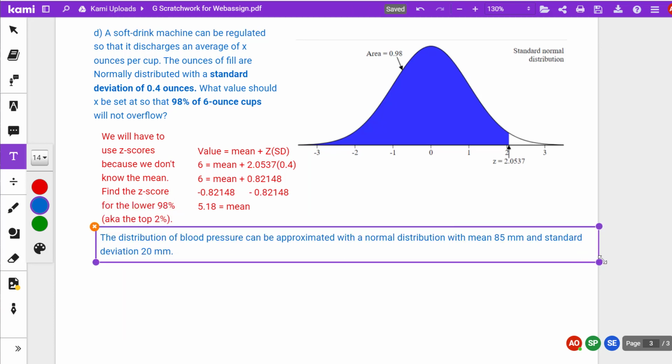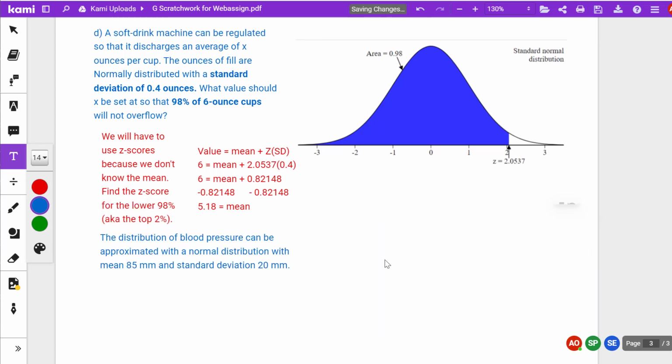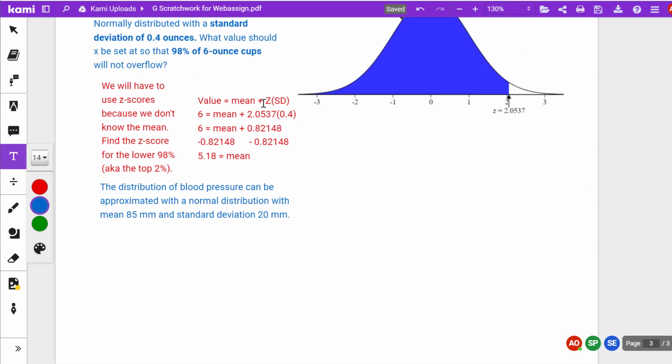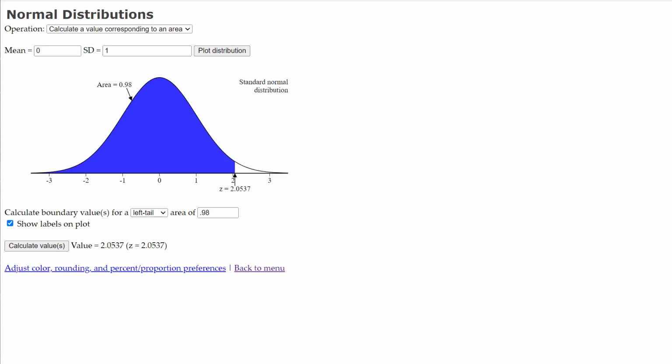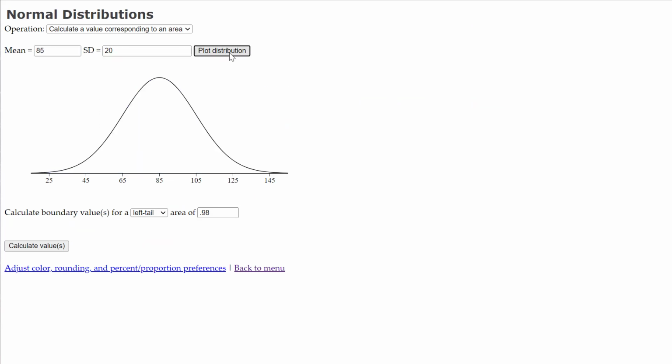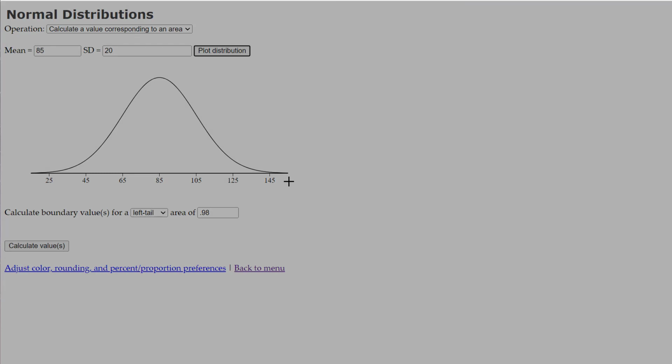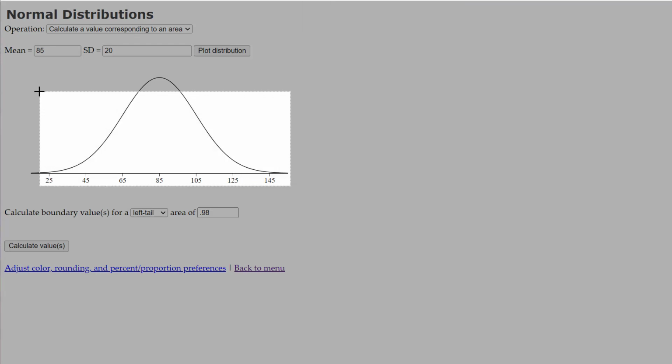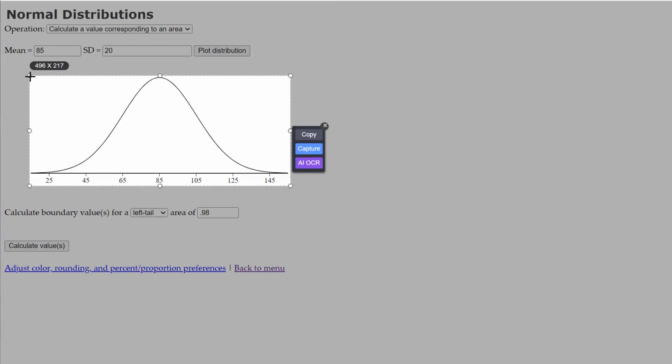I've got 85 and 20, so I'm going to set up 85 and 20 and plot the distribution. Now I actually don't need any calculation. It just created a nice little plot for me of what the empirical rule looks like.